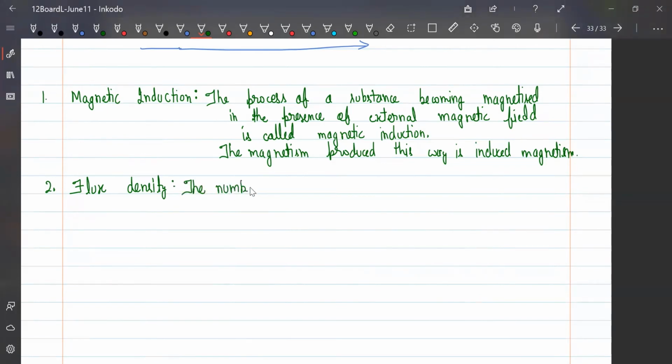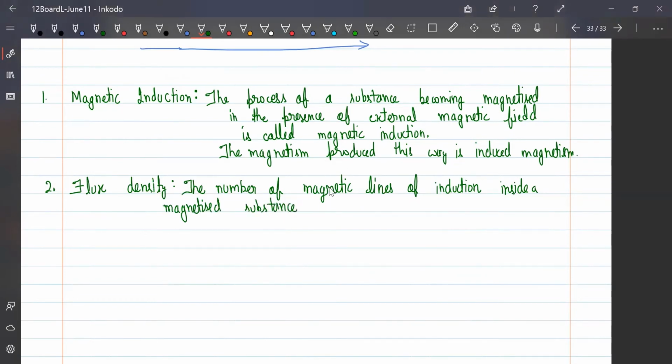This is the number of magnetic lines of induction inside a magnetized substance crossing unit area, per unit area, normal to the direction.